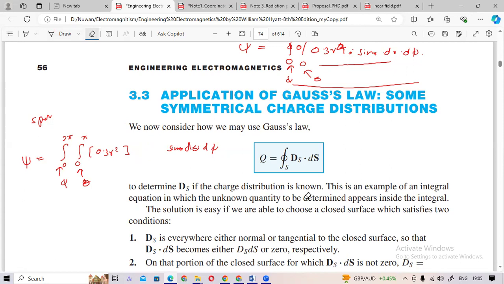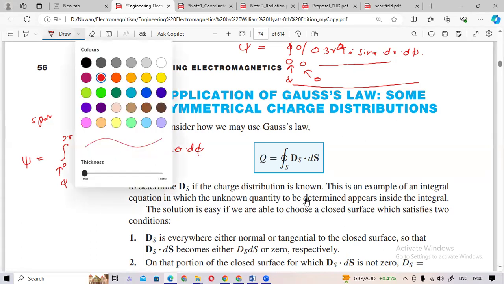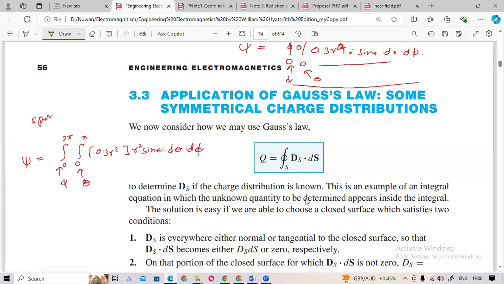So finally, you have to evaluate this integration: r square sine theta d theta d phi. First you can do the integration with respect to theta, then you can do the integration with respect to d phi.